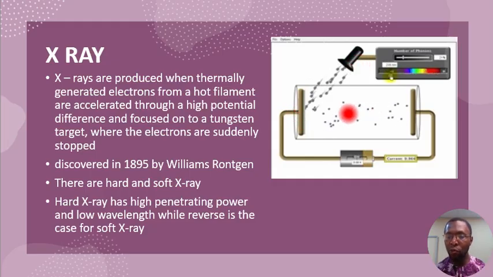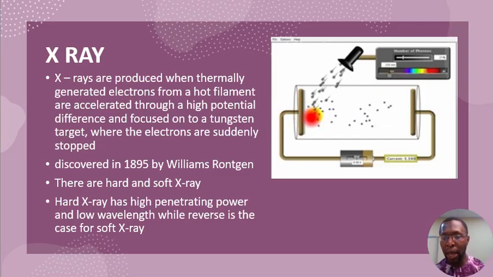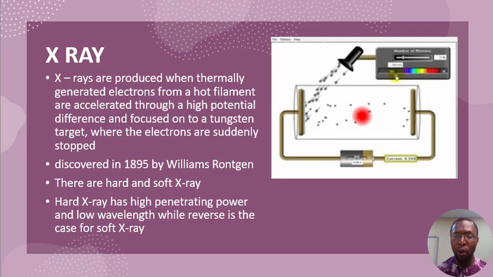These emitted electrons are what we call the X-ray. But this time around, for you to get X-ray, the metal surface must be a filament. Must be a metal filament, and then when the light falls on it, the electron that emit out of it is what we call X-ray.